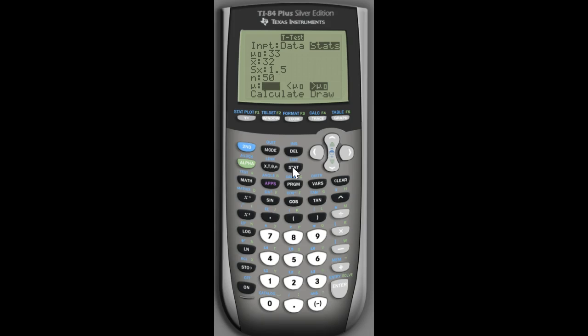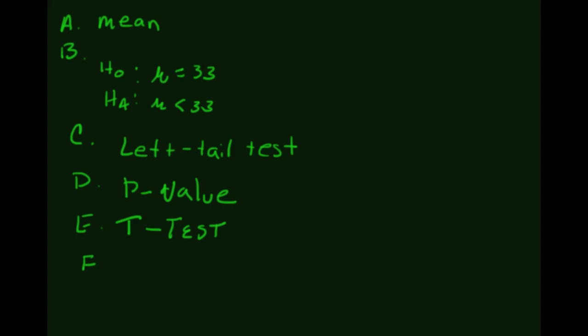This is a left-tailed test. So I calculate and I get a p-value of 1.02 times 10 to the negative 5. Alright, so let's transfer that over. Okay, so the p-value that I get here is 1.0235 times 10 to the negative 5.